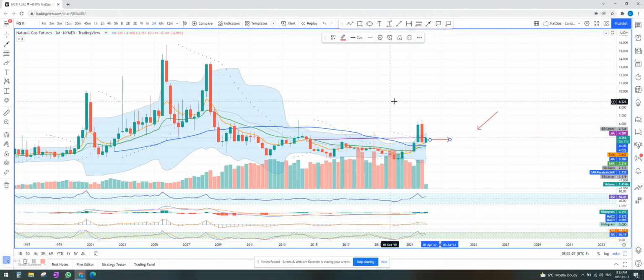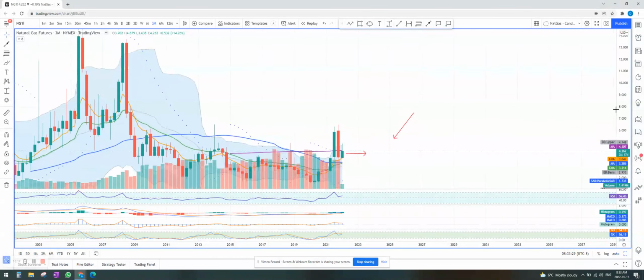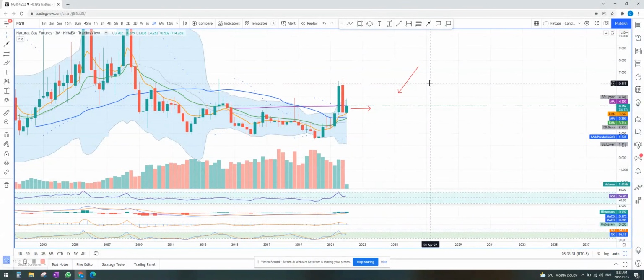So let's have a look at what we have here. For now, the stock is bullish, still bullish, and it is still moving above the 8 EMA line.